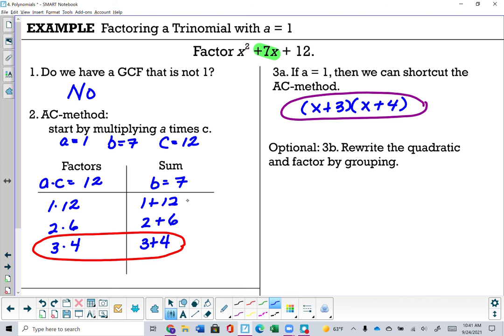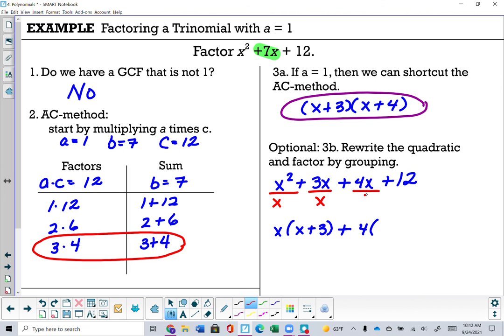So we have x squared plus 3x plus 4x plus 12. Factor by grouping, my first group, x squared plus 3x, factor out the x. So when I divide x squared by x and 3x by x, I get x plus 3. Plus, second group, factor out a 4.